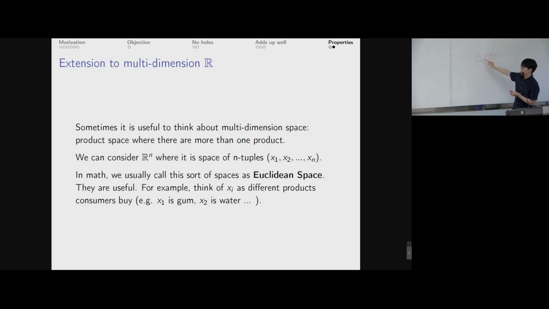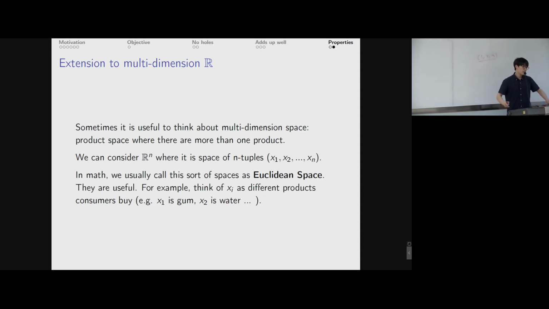So it's like (1, 2, 3). This would be a 3-dimensional space, where the x-axis number is 1, the y-axis is 2, the z-axis is 3. So like 3-dimensional spaces, we also have 2-dimensional spaces and n-dimensional spaces.